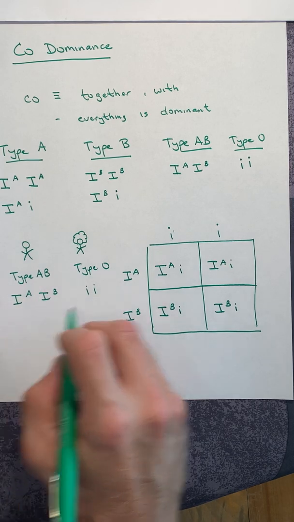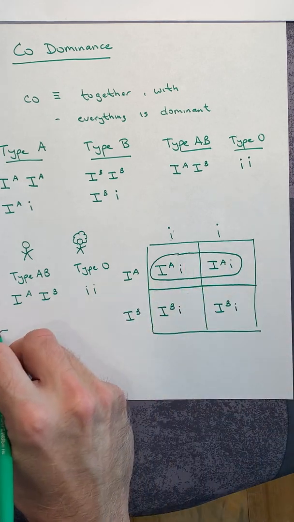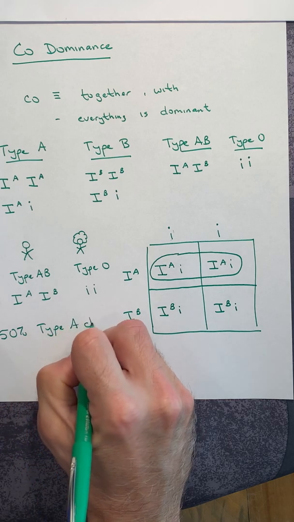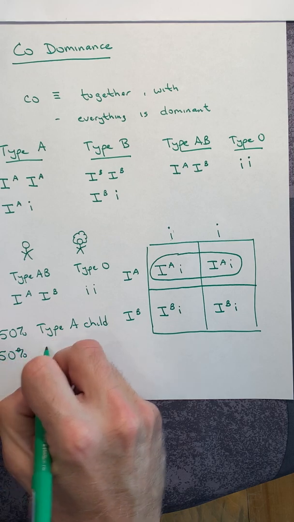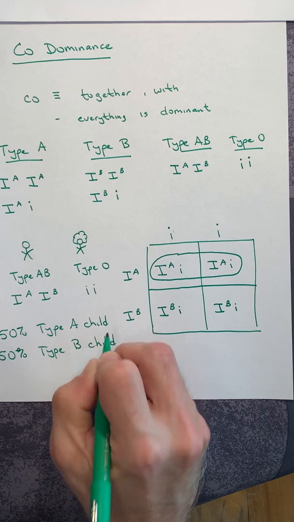So even though the biological mother has type O blood and the biological father has type AB blood, they have a 50% chance of a type A child, and they have a 50% chance of a type B child.